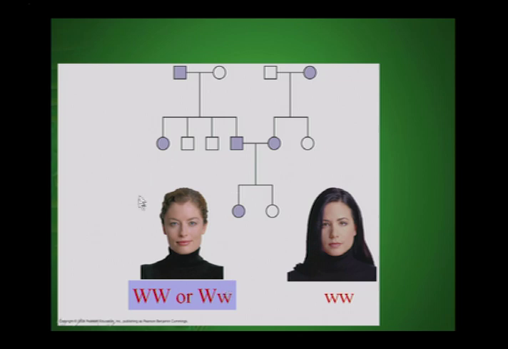So if someone shows a widow's peak, they could be homozygous dominant or heterozygous. If someone does not show a widow's peak, they have to be homozygous recessive. That's what defines recessive traits: they can be hidden. The only way recessive phenotypes show up is if an individual is homozygous recessive.